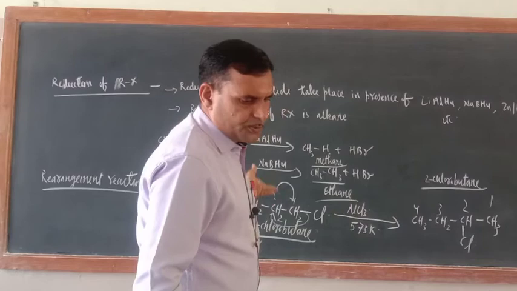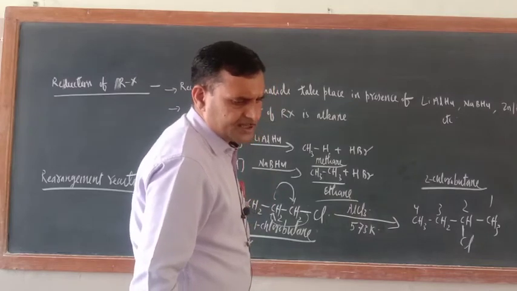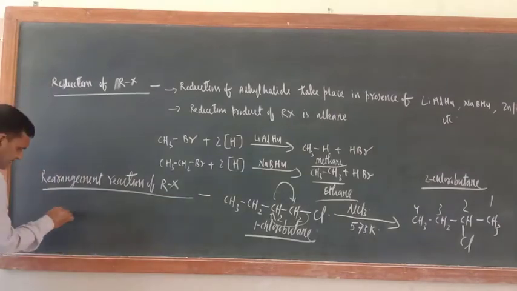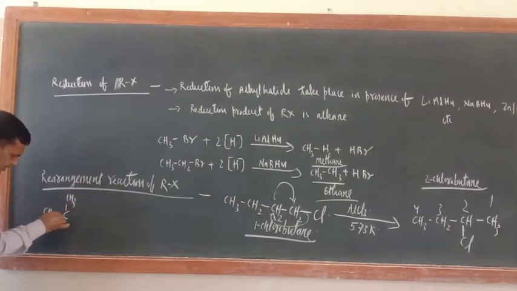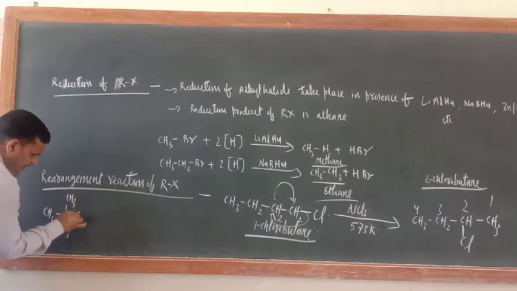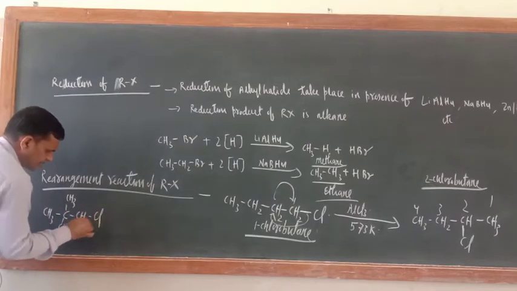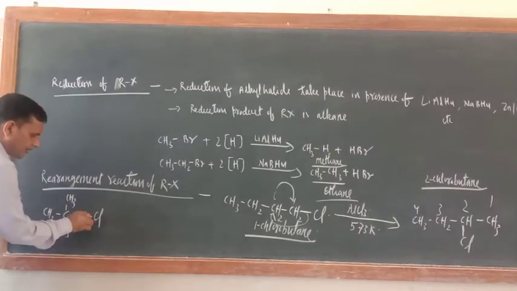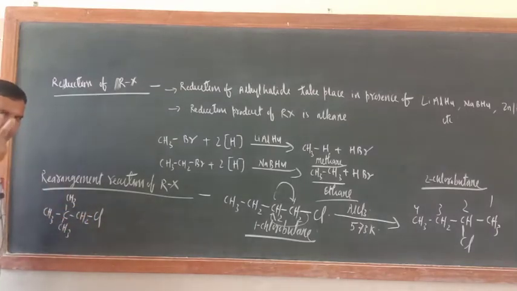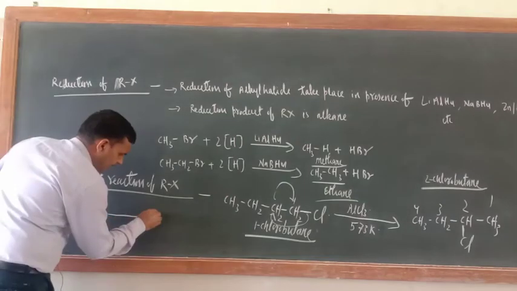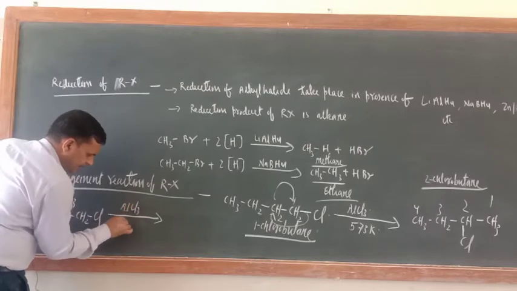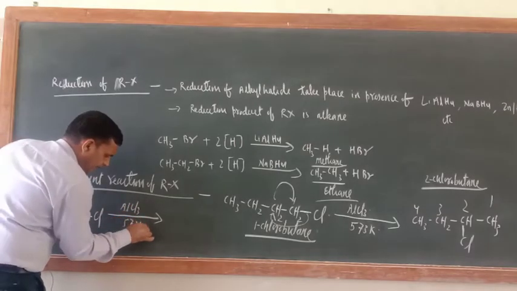Okay, you can write some other examples also. Just see, suppose this is the compound CH3 CH3 CH3 CH3, here CH2Cl is there. This is also 1 degree; if this bond is broken from here, then a 1 degree carbocation will be generated. Same condition here, AlCl3, 573 Kelvin temperature.